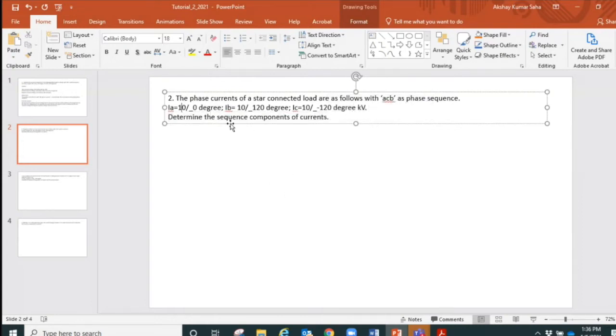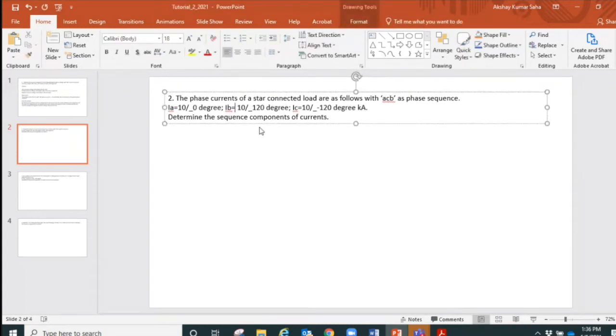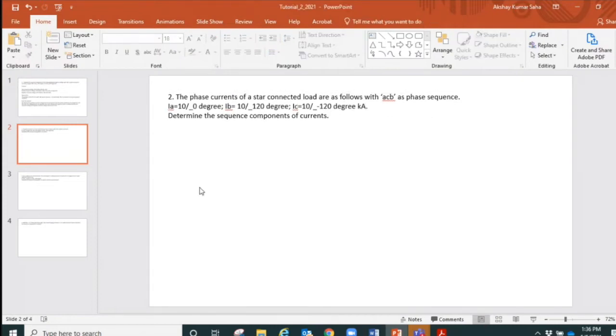The currents are given here: IA 10 at an angle 0 degree, IB 10 at an angle 120 degree, IC 10 at an angle minus 120 degree, and the unit is kiloampere.